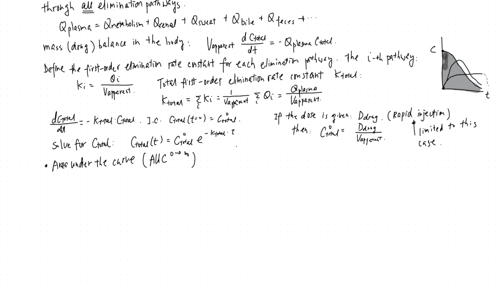And by definition, you see what it means. It's the area under the curve, 0 to infinity. It is defined by integration from 0 to infinity over time, of the concentration C total as a function of time, dt.